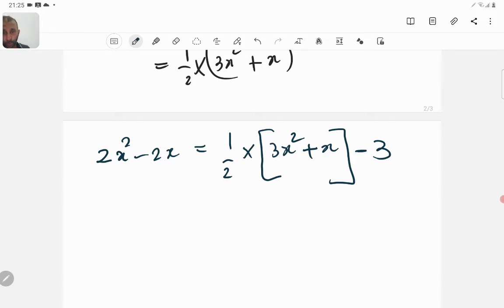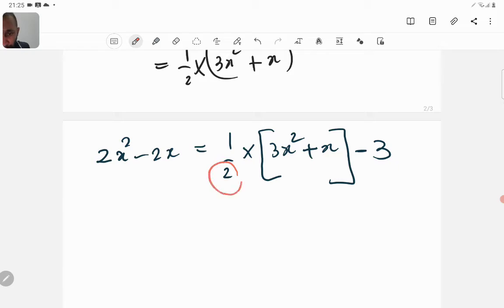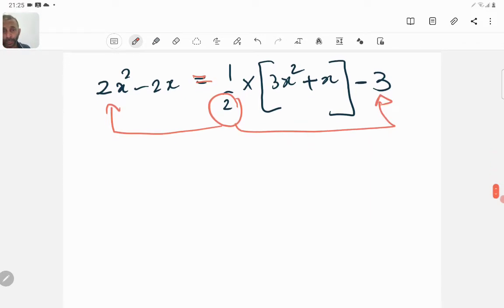Now what shall we do? We will simplify this. I will remove this 2. In removing this 2, I need to do the same on the other side of the equals sign. So we have a bridge here, the equation mark. We need to multiply by 2, and also multiply this by 3, using the mechanism of LCM.